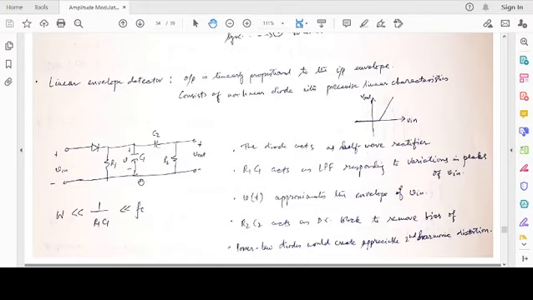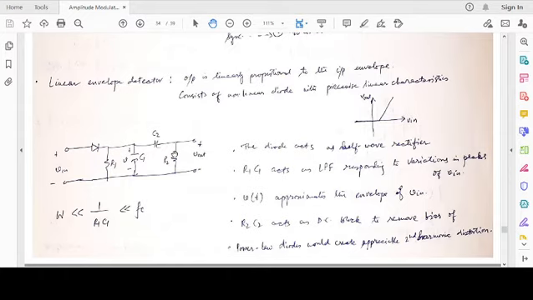And this V_R here approximates the envelope of Vin. Then C2R2 acts as a DC block to remove the bias, the DC signal present. We'll soon see this pictorially.